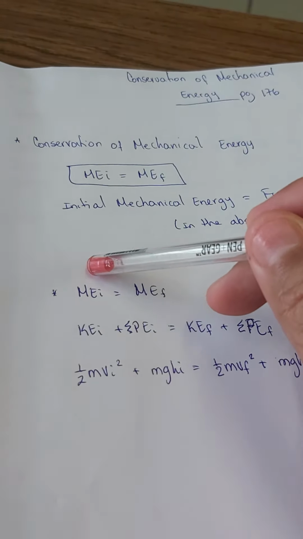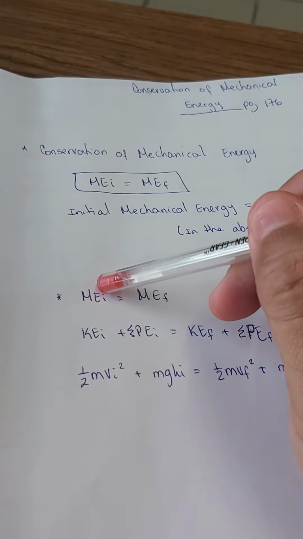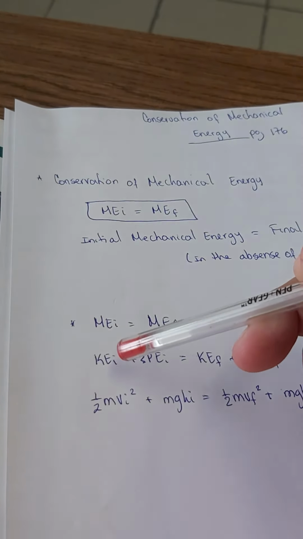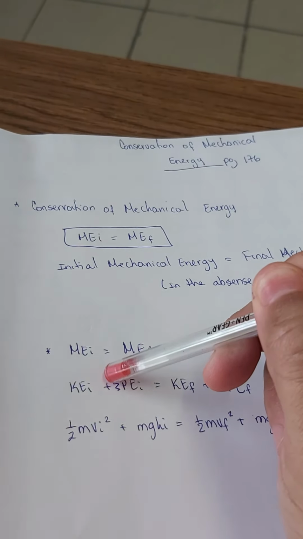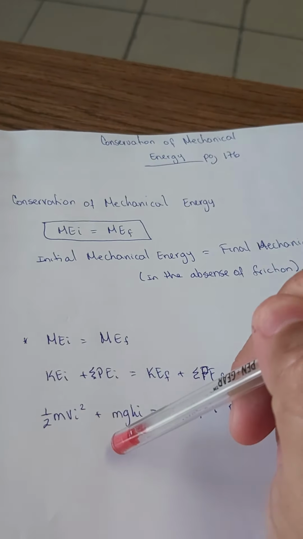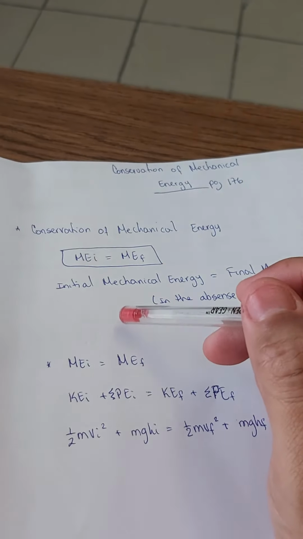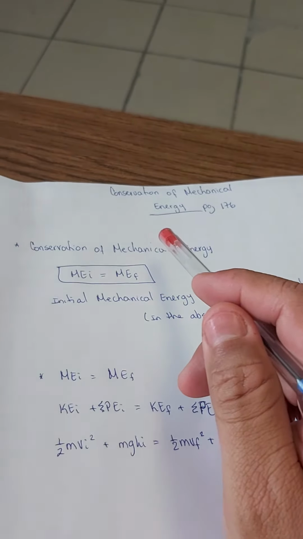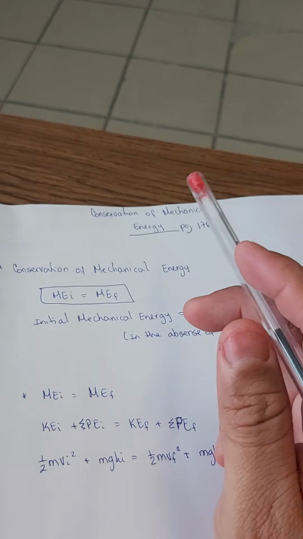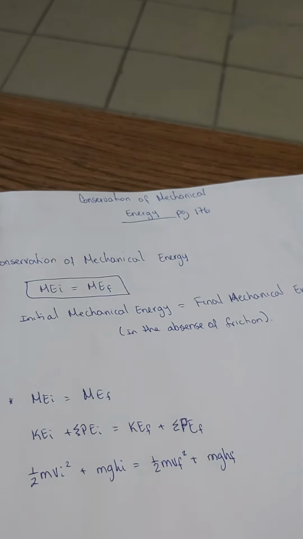What does mechanical energy mean? It means the initial mechanical energy will be equal to the initial kinetic energy plus the summatory of the initial potential energy. Remember that for potential energy we might have a gravitational potential energy and/or elastic potential energy.